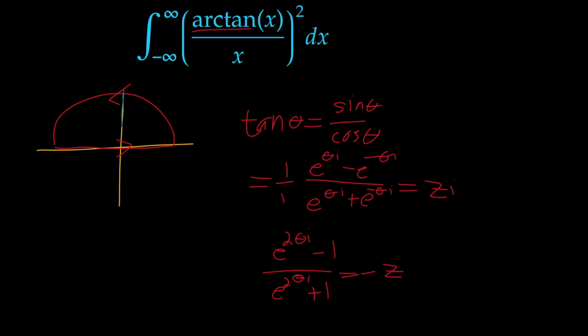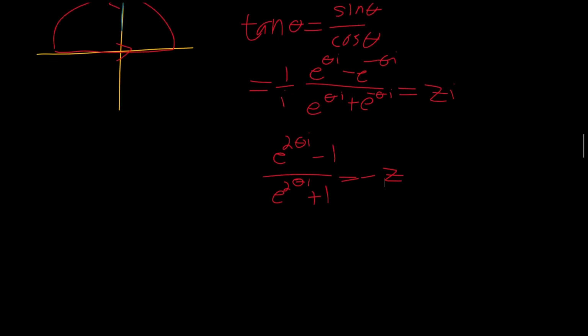And then multiplying both sides by that denominator right there, and combining our terms, we find that e to the 2 theta i, 1 plus z, is equal to 1 minus z. And then what we can do is say e to the 2 theta i is then equal to 1 minus z over 1 plus z.